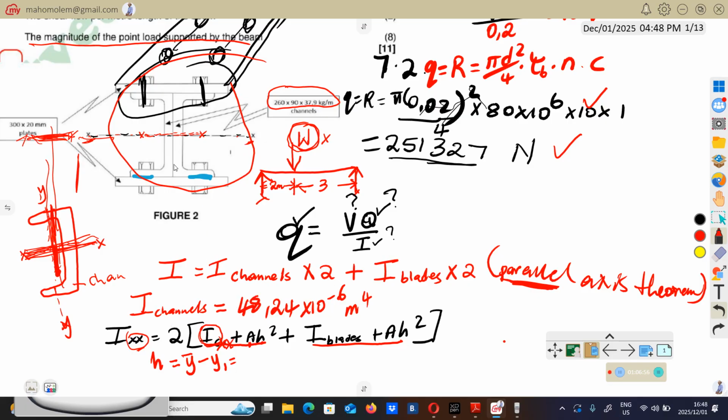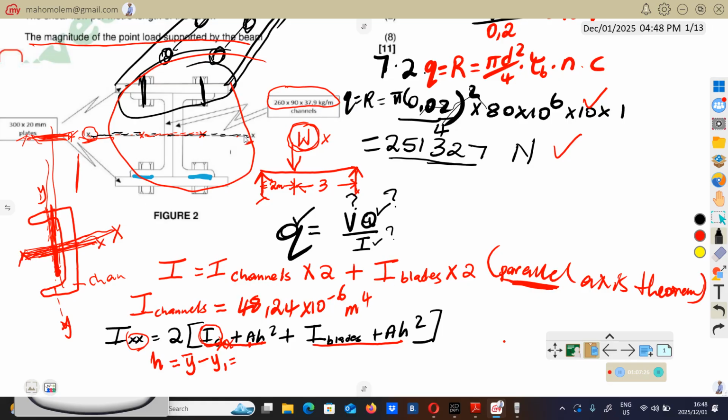So H is the difference between the parallel axes. The distance between this XX and then this black XX. The black XX is this line here.